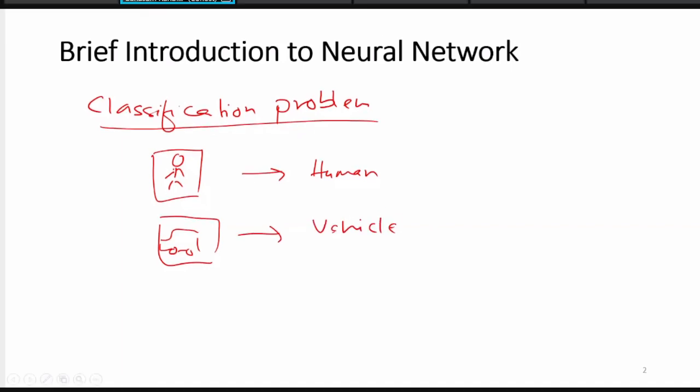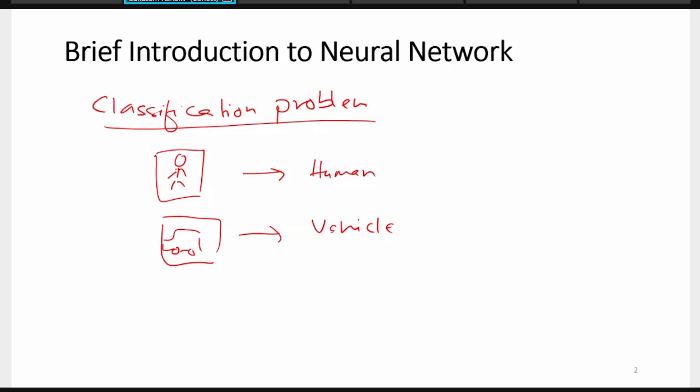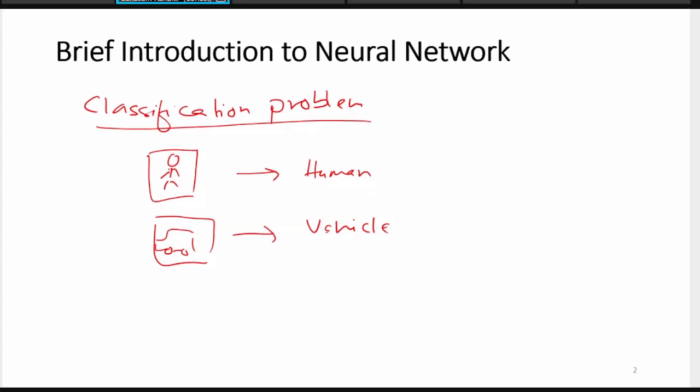So likewise, many real world problems today belong to classification. If you have a classifier, which can be built with various methods, the neural network is one such model that we can use for building a classifier. If I give some new input, this classifier will assign a label to the input, and the labels are predefined from a set.